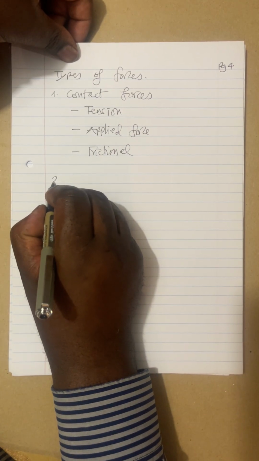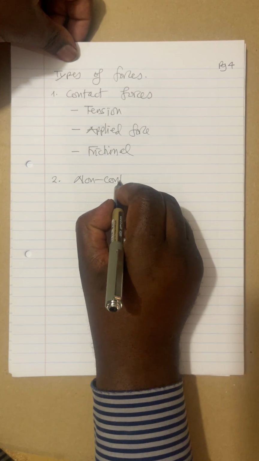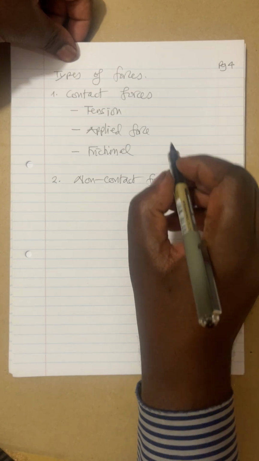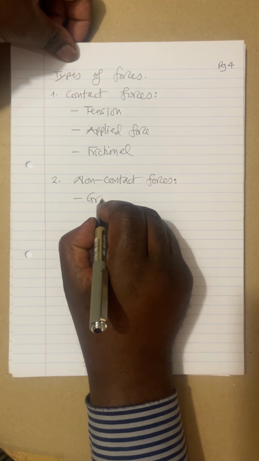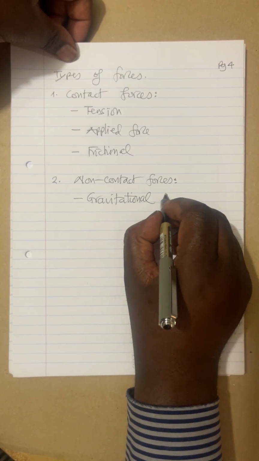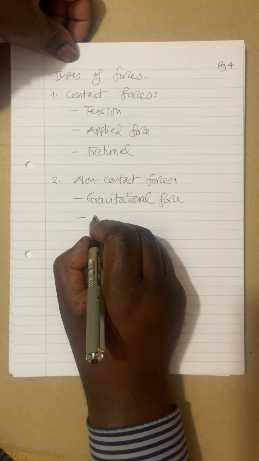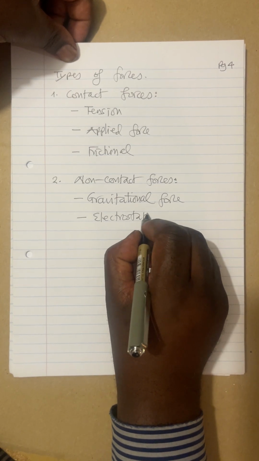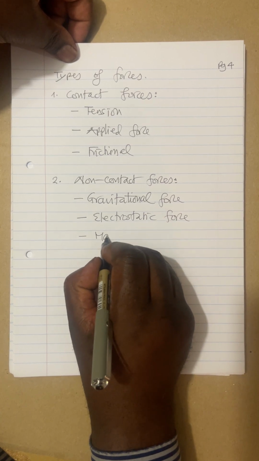The next type of forces, we have non-contact forces. Examples of non-contact forces: we have gravitational force, electrostatic force, and we also have what we call magnetic force.